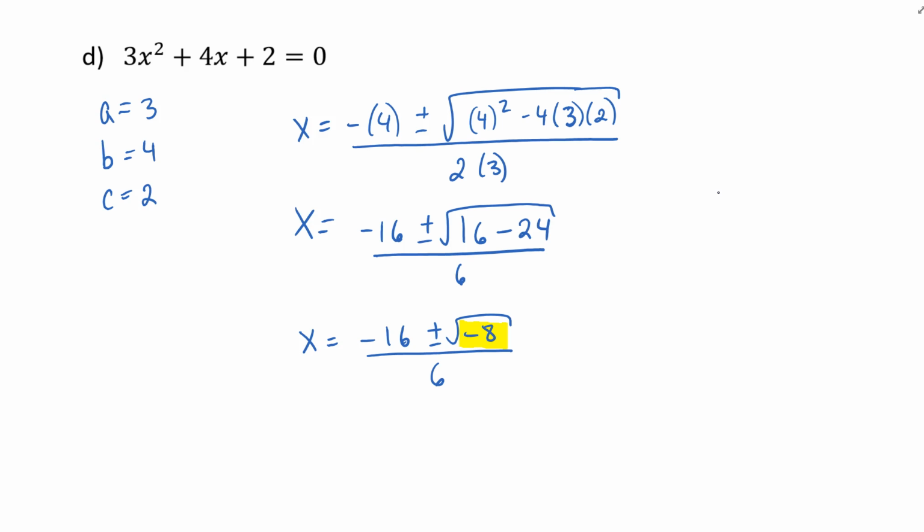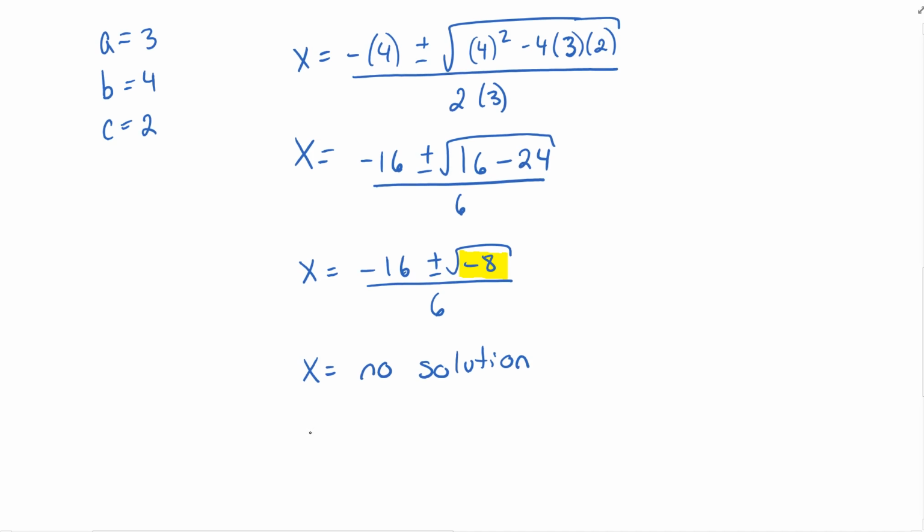So imaginary numbers aren't useful to us in this situation. So whenever you get a negative under the root, you can say that there is no solution to the quadratic formula, which means that there are no roots or no x-intercepts.